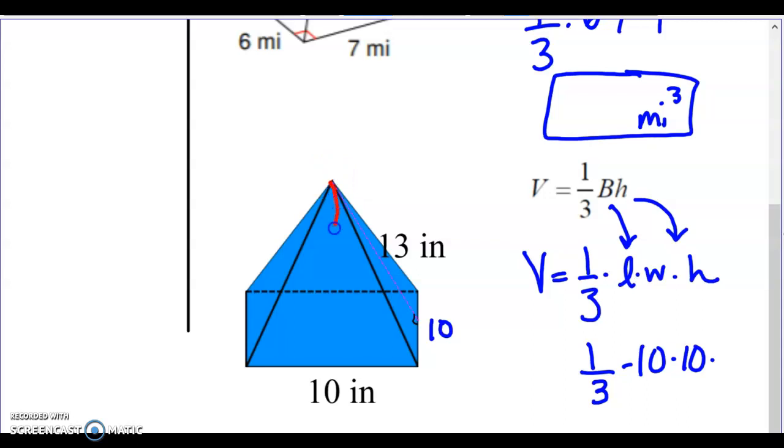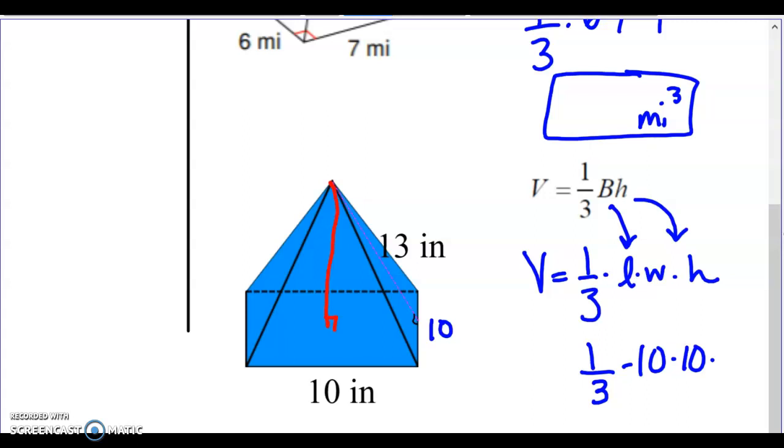The height of the pyramid would be right here. When you're filling this up with cubes, you would fill it straight up. So we don't have that number. Anytime we don't know a number, we can always find it by using our 45-45-90, or our 30-60-90, or our Pythagorean triples.